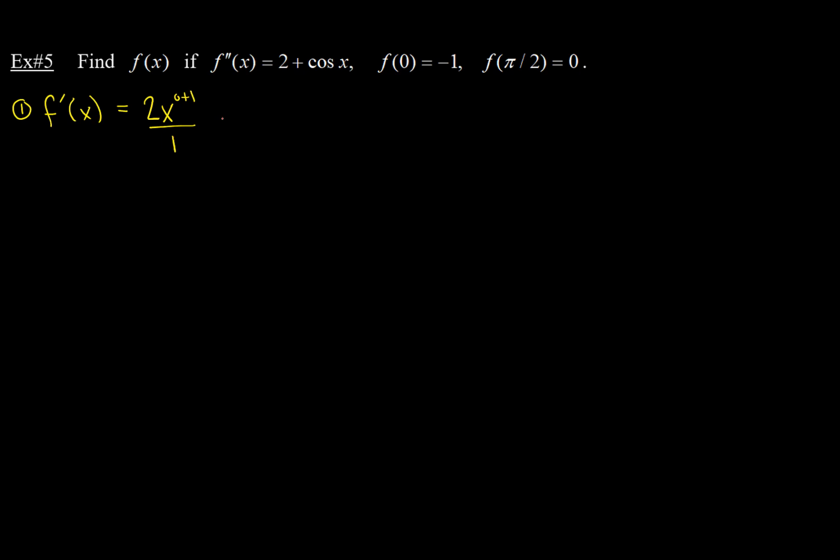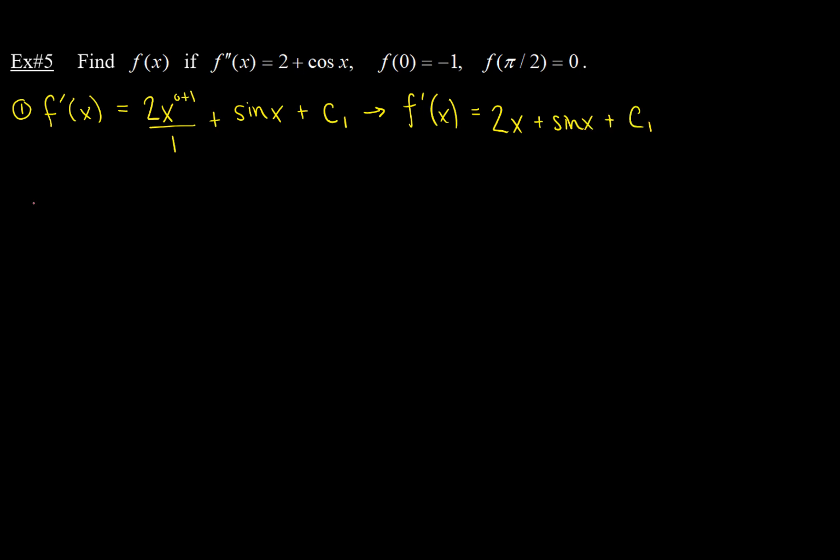And then the antiderivative of cosine is a positive sine. And I'm going to add c. Now this is my first c because it's my first antiderivative. And I'm just going to clean house. So 2x plus sine of x plus c sub 1.